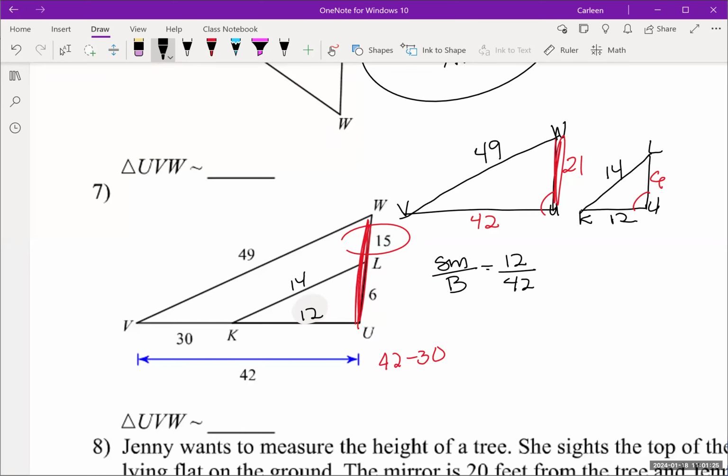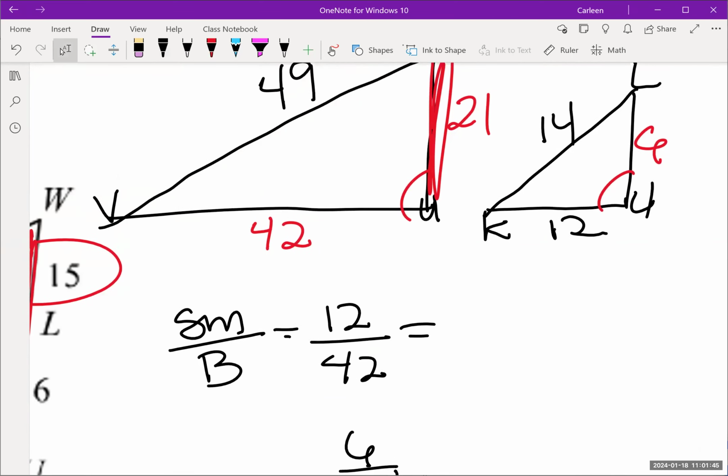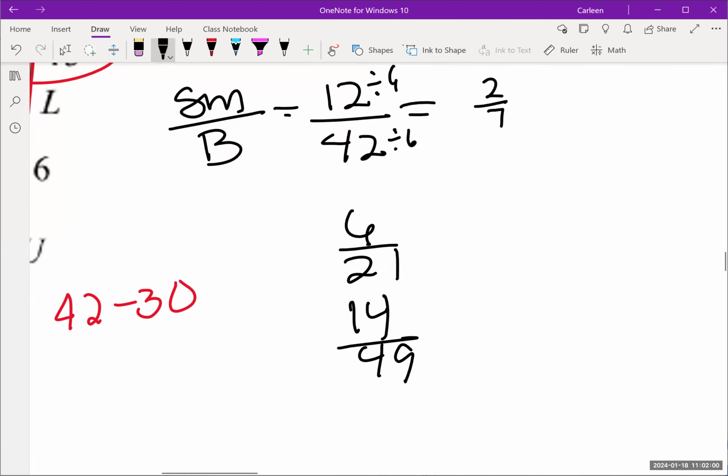12 goes with 42. 6 goes with 21. 14 goes with 49. Okay, 12 and 42 can both be divided by what? What is the greatest common factor? All right, 6. And we get 2/7. Awesome. You guys are doing a great job of participating.